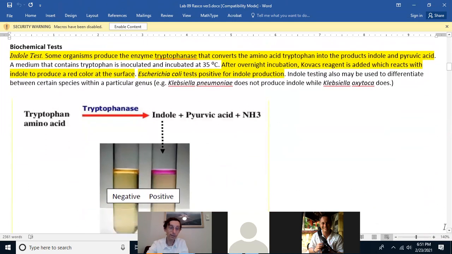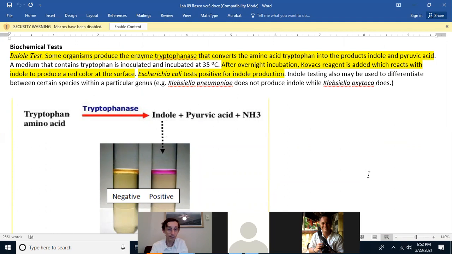All right, the first test we're going to look at is the indole test. Some organisms produce the enzyme tryptophanase that converts the amino acid tryptophan into the products indole and pyruvic acid. After overnight incubation, Kovacs's reagent is added to the tube, and if indole is in the tube, the Kovacs reagent will produce a red color at the surface.